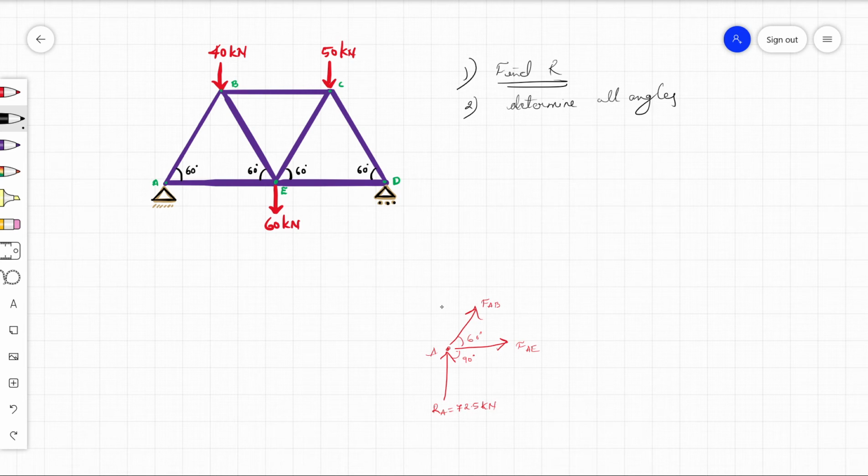So if this is an equilateral triangle, this is also 60 degree. The total over here is 180 degree. So 60 plus 60, 120. Over here also 60 degree. If this becomes 180 degree, the total of the three angles in the triangle is again 180. So this is also 60 degree, equilateral. Everything becomes 60 degree.